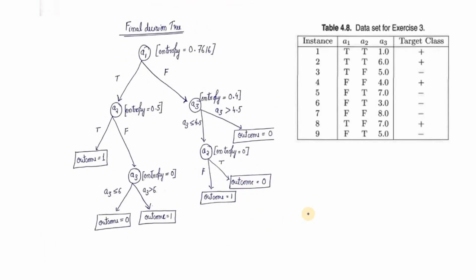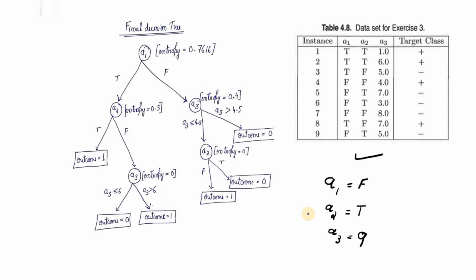So corresponding to the given data, we get the final decision tree over here. We can check a few examples to see what we get. Let's say we consider A1 to be false, A2 to be true, and A3 to be 9, and we need to check what class we are getting.